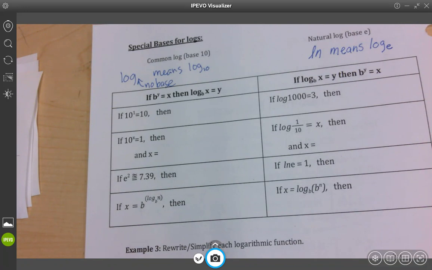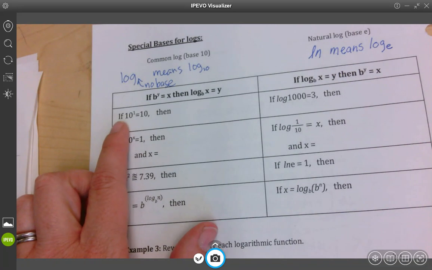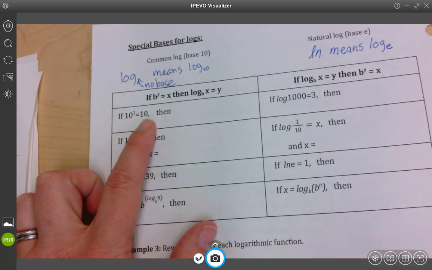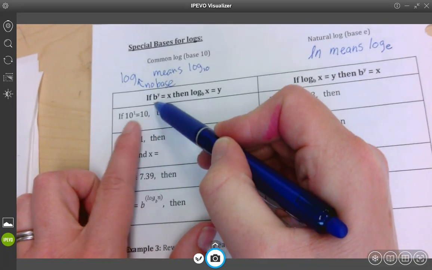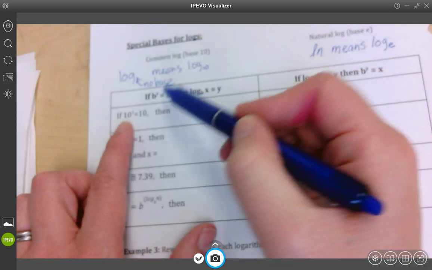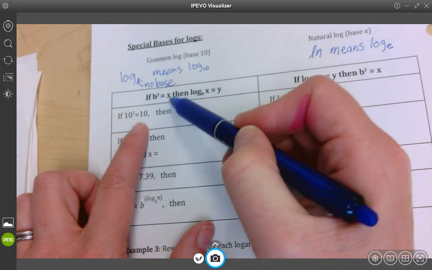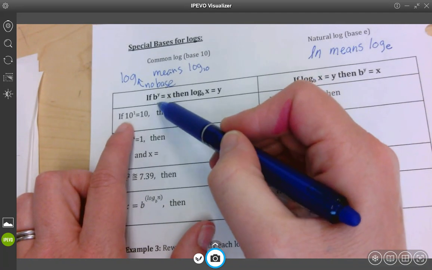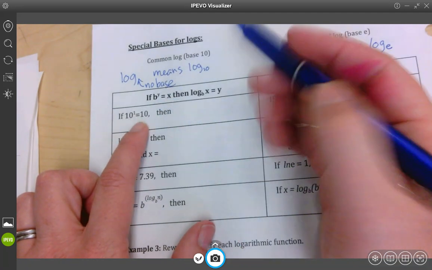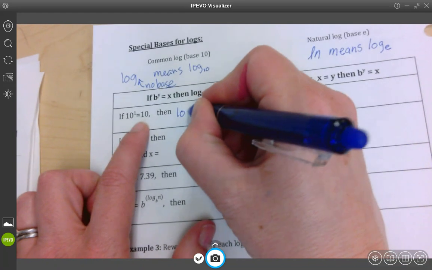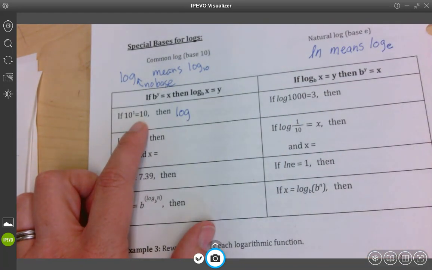So what we're going to do is a little bit more practice. Here's my exponential: 10 to the 1 equals 10. The b is 10, the y is 1, and the x is 10. So I'm going to do log. What's the base of my log? 10. Do I write 10?